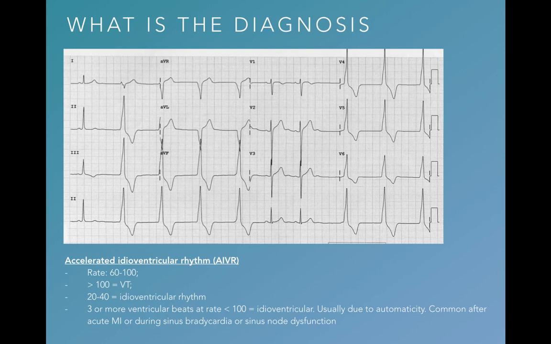So the jargon gets a little complicated and numerous, but a normal idioventricular rhythm is 20 to 40. An accelerated idioventricular rhythm is going to be above 40, like a normal rate 60 to 100. If you see this, but it's over 100, the patient would be considered to be in ventricular tachycardia, or VTAC. So that's a problem.